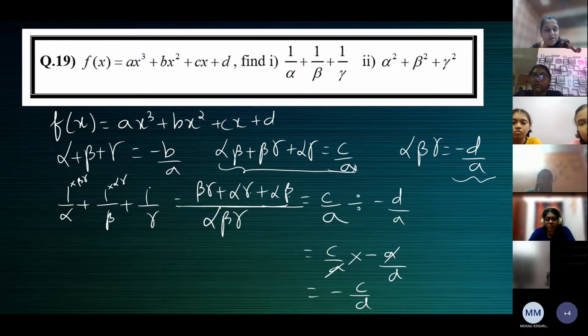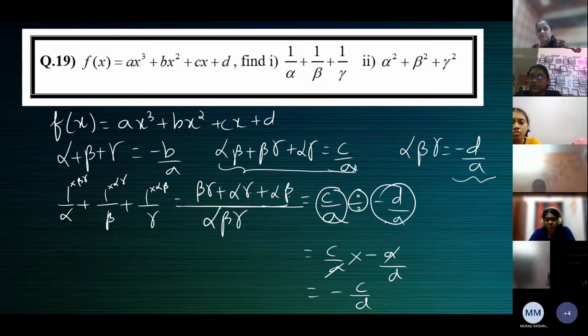There's gamma here, so multiply with alpha, beta. The usual LCM thing, nothing different. Whatever you do with numbers, same thing here. Then this is the numerator divided by the denominator, and when we simplify, we get minus C by D.